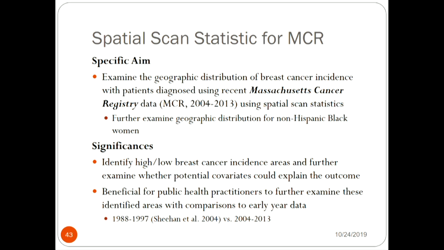By using this data, we'll try to identify the high and low incidence of breast cancer over those 10 years. We can also compare our results with an earlier study, in Xinhan's paper. They studied the spatial distribution of breast cancer also for Massachusetts, but for the earlier 10 years, from 1988 to 1997.